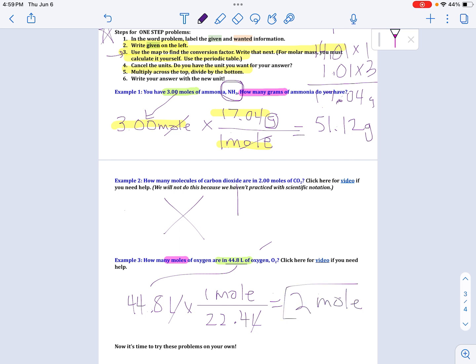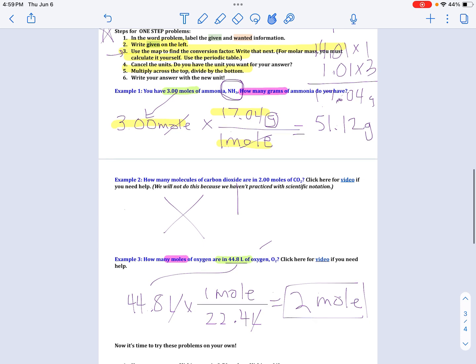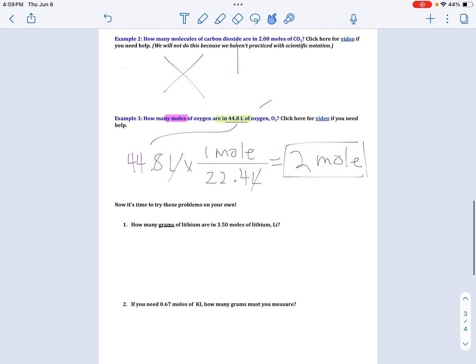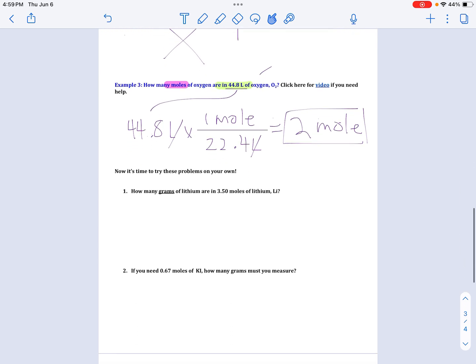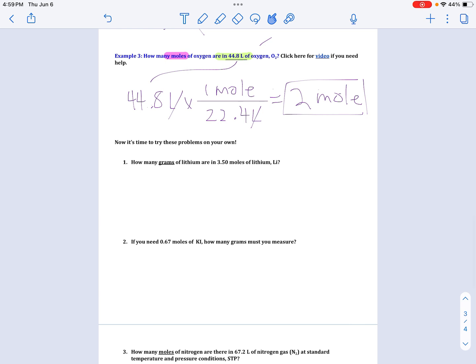So that's my answer. In other words, if I had 44.8 liters of this gas, it would be 2 moles of gas. I suggest you pause and try it on your own, and then re-watch if you need to. I'm going to go now to number 1.